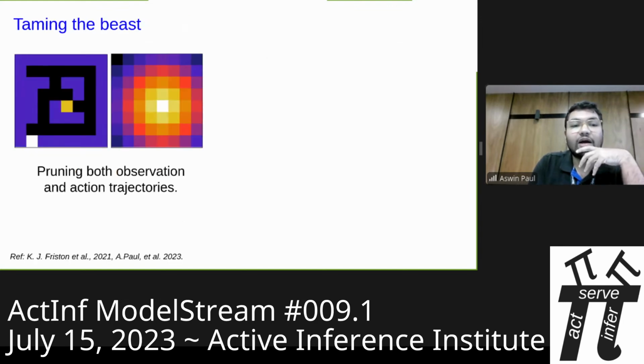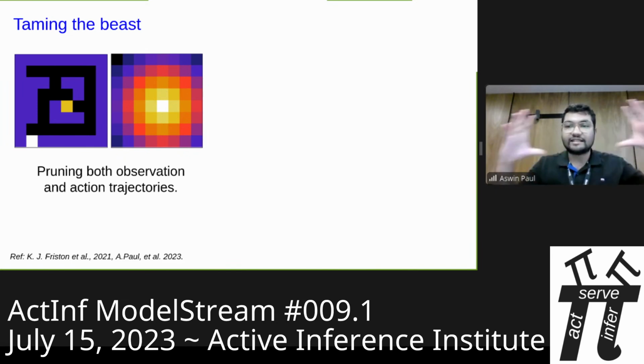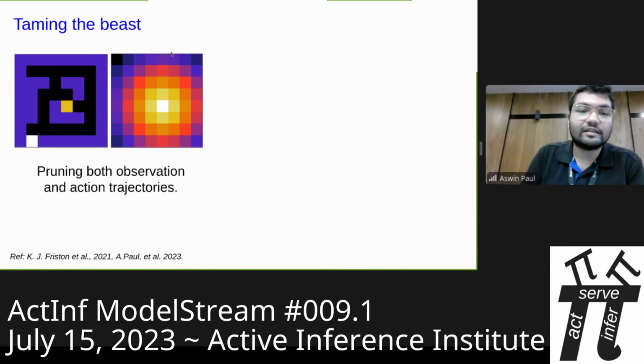So let's see how pruning works in sophisticated inference. So this grid was discussed in the original sophisticated inference paper. And say for this grid, given that you have this kind of a prior preference distribution, so this white square, which is the goal state, is the most preferred state, and you have a uniformly decreasing preference for states that are far away from that goal state.